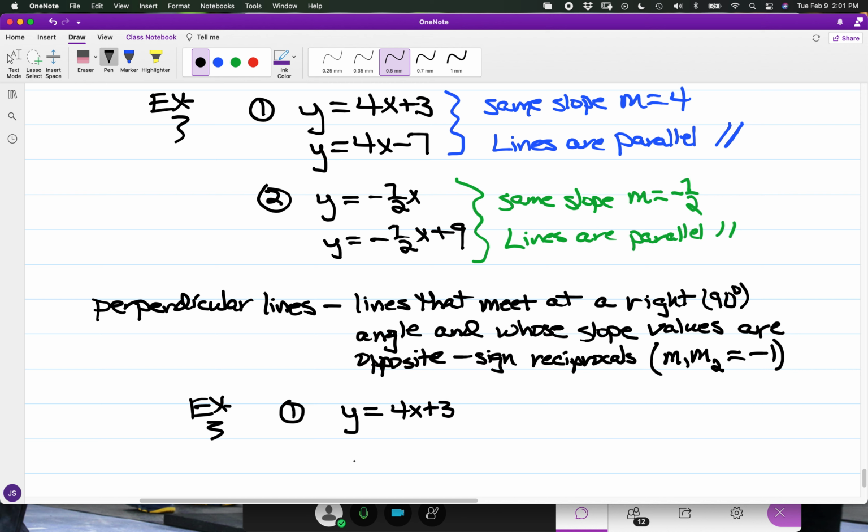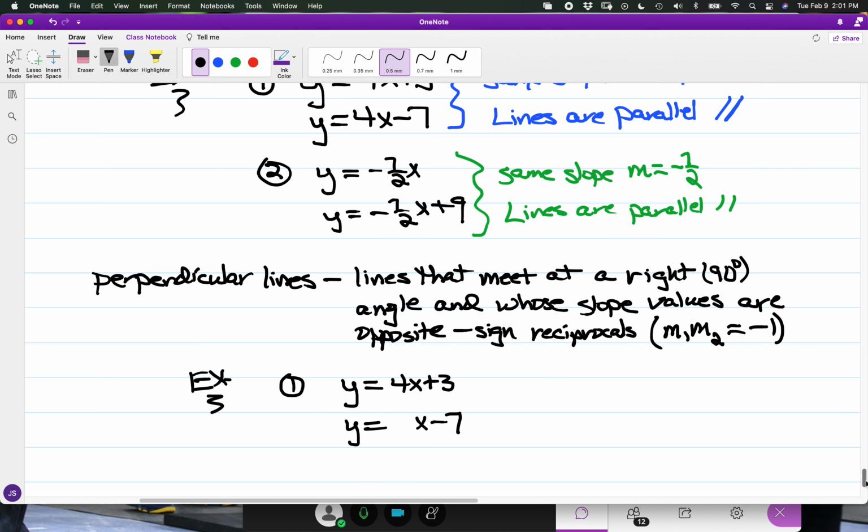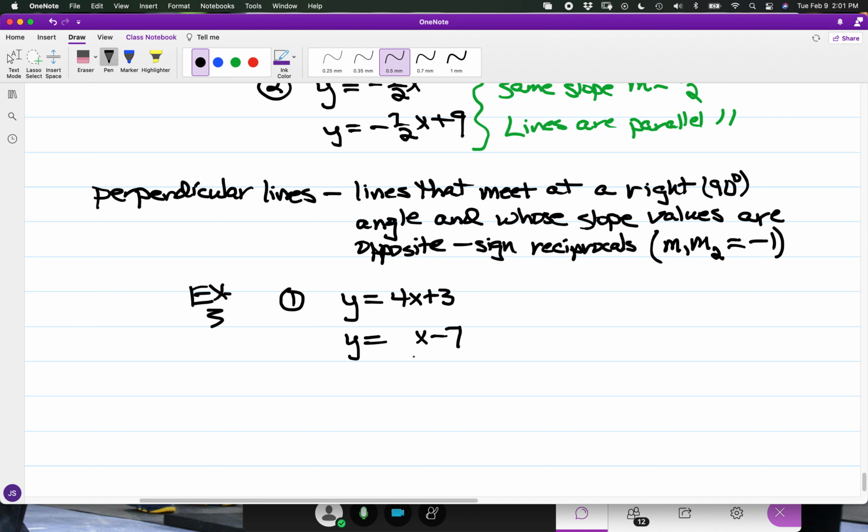And if I have y is equal to some value times x minus 7, I need the right coefficient in front of this x in order for the lines to be perpendicular to each other. Again, the slopes of perpendicular lines are going to have opposite sign reciprocal values.